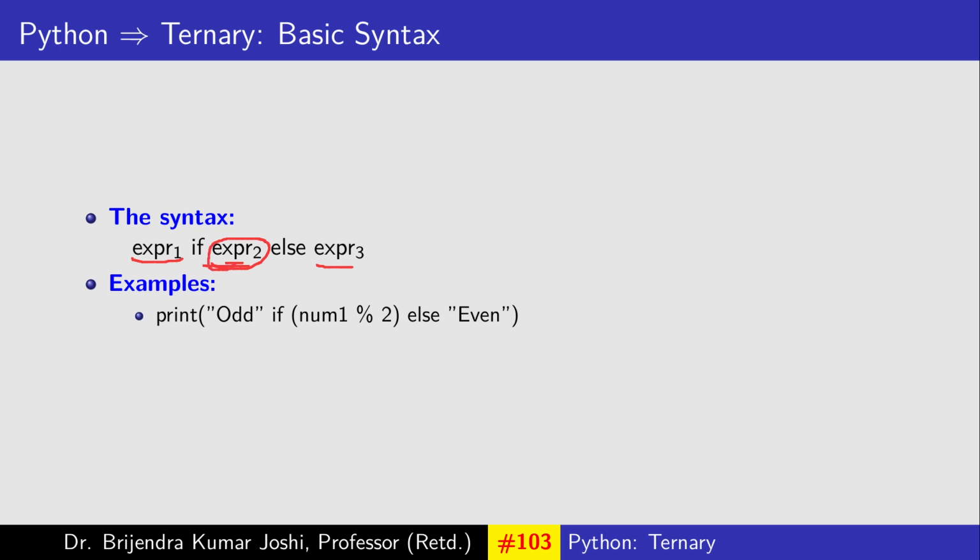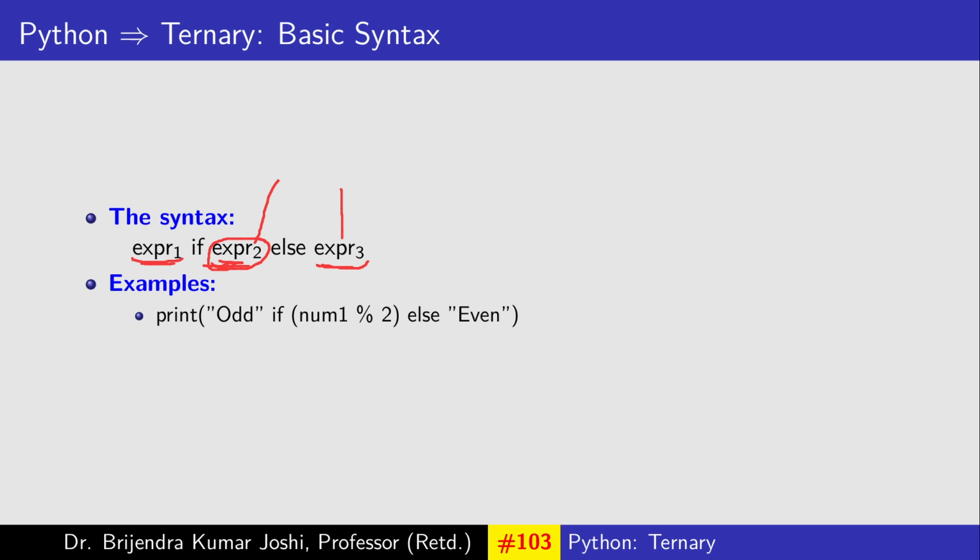If it evaluates to 0, that is false, then it will return expression 3. Otherwise, it will return expression 1.